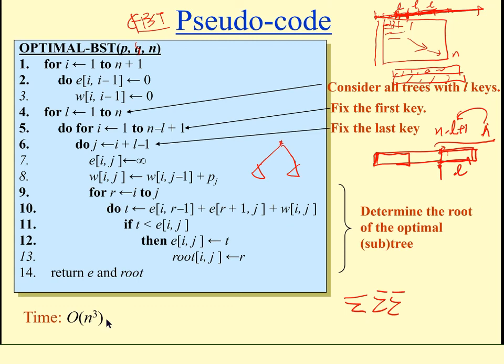So this one is cubic, so it's much lower computational complexity. Okay, this is the optimal binary search tree algorithm, another application of dynamic programming to solve this problem.